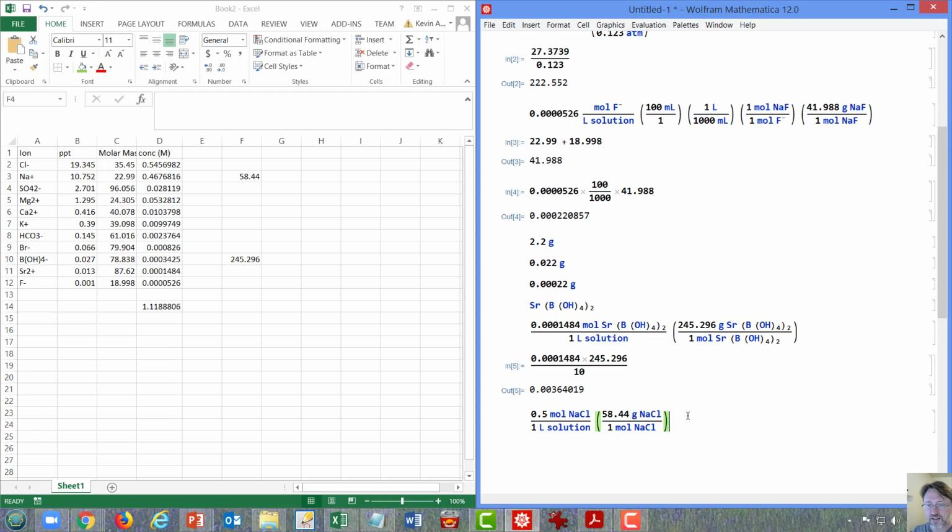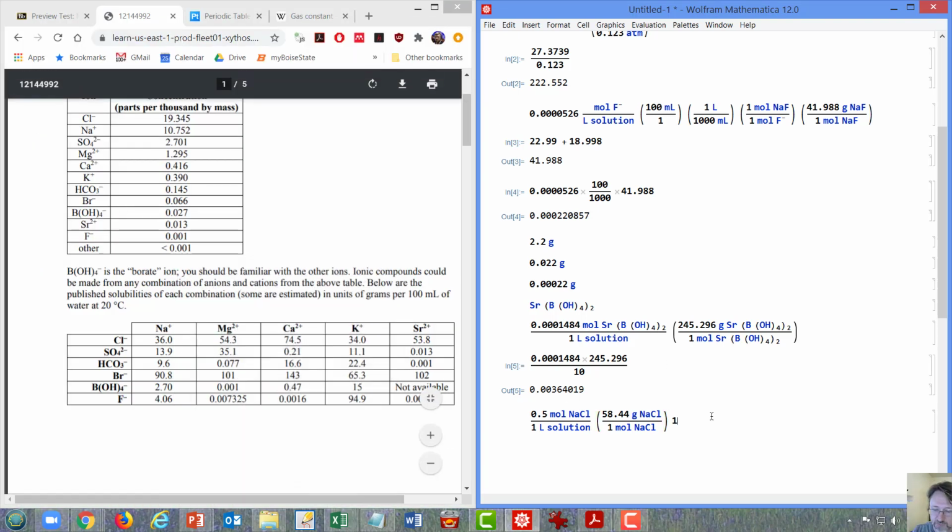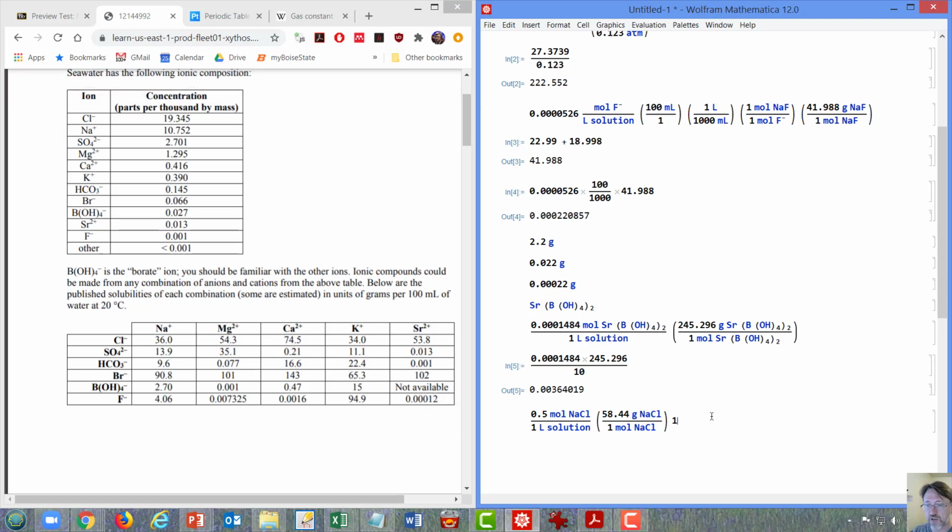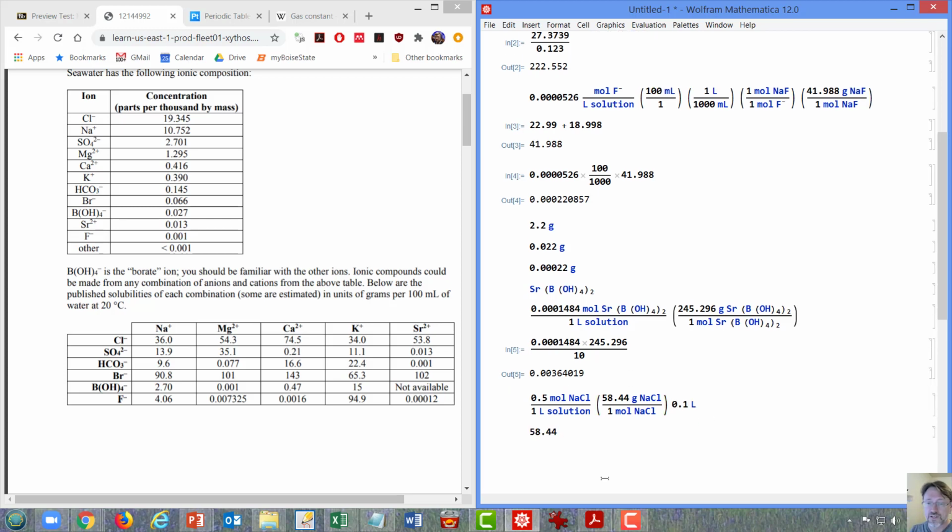When we have a concentration, we multiply it by the amount of solution we have, which for this set of units is 100 mils, or to make the liters cancel, 0.1 liters. That tells us how much we actually have in seawater. So that times 0.5 times 0.1 tells us that we have 2.922 grams of sodium chloride in salt water.